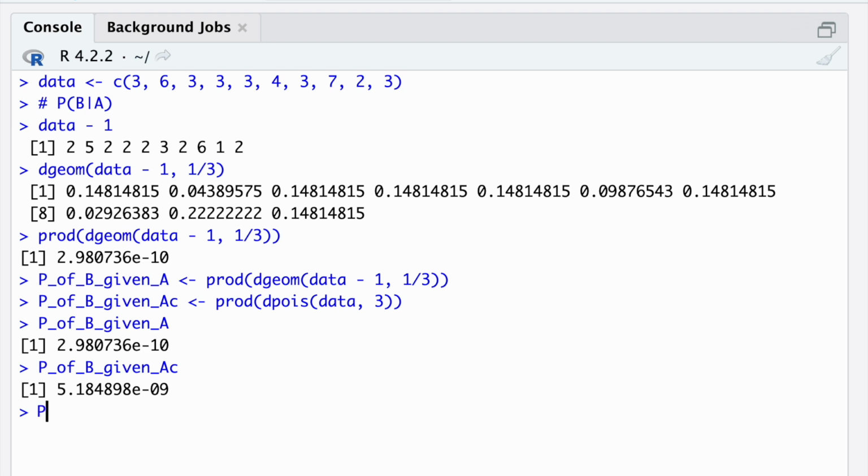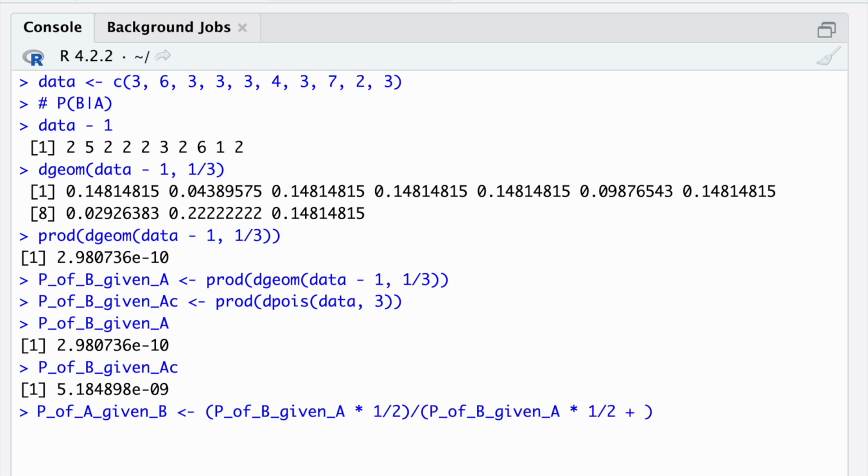Okay, and now what do we want? We want the probability of A given B, and this is going to be the probability of B given A times 1/2. That's in our numerator. And then in our denominator, we're going to have that same thing, probability of B given A times 1/2, plus the probability of B given A complement, which is also times 1/2.